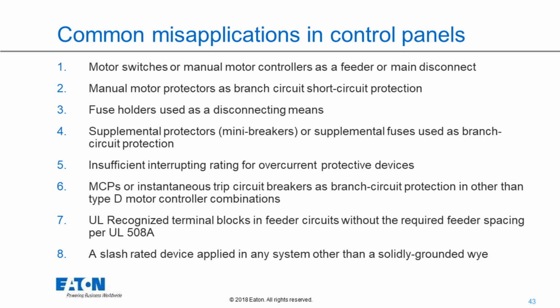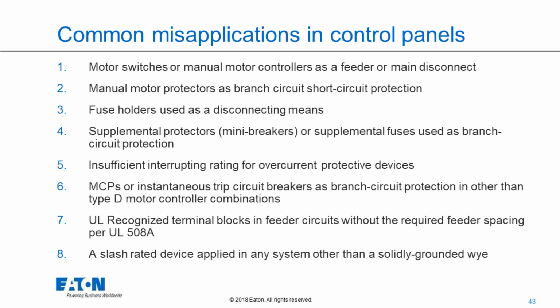Here are some common misapplications in control panels. Motor switches or controllers used as a feeder or main disconnect. Manual motor protectors used as branch circuit short circuit protection. Fuse holders used as disconnecting means. Supplemental protectors, mini breakers or supplemental fuses used as branch circuit protection.